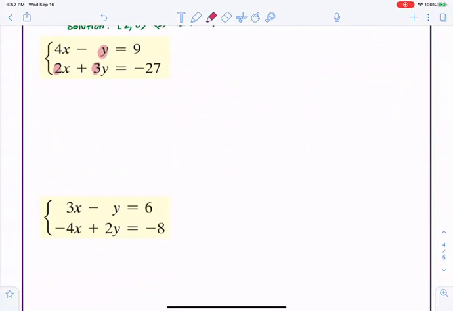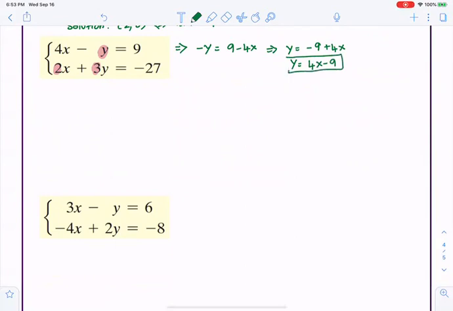So I'm going to rewrite the first equation as negative y equals 9 minus 4x. And if I multiply by negative 1, I have y equals negative 9 plus 4x. So y would be equal to 4x minus 9. So that would be my substitution.